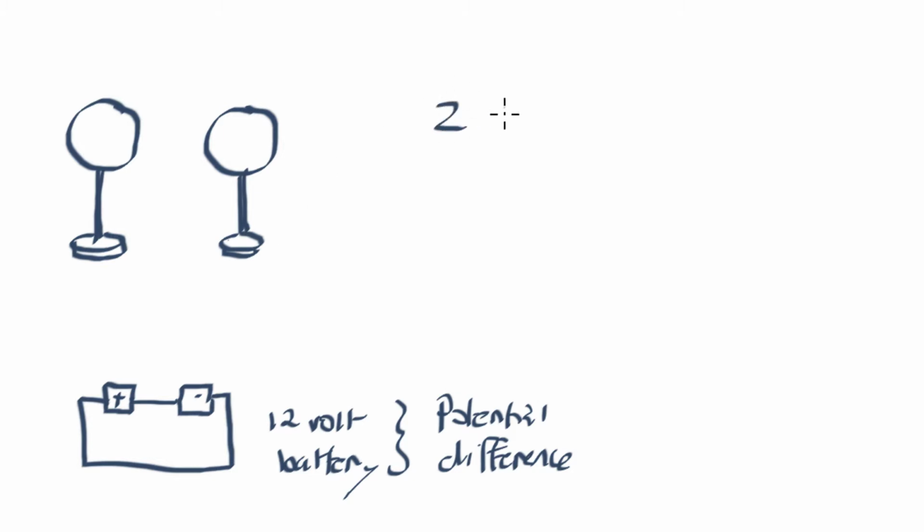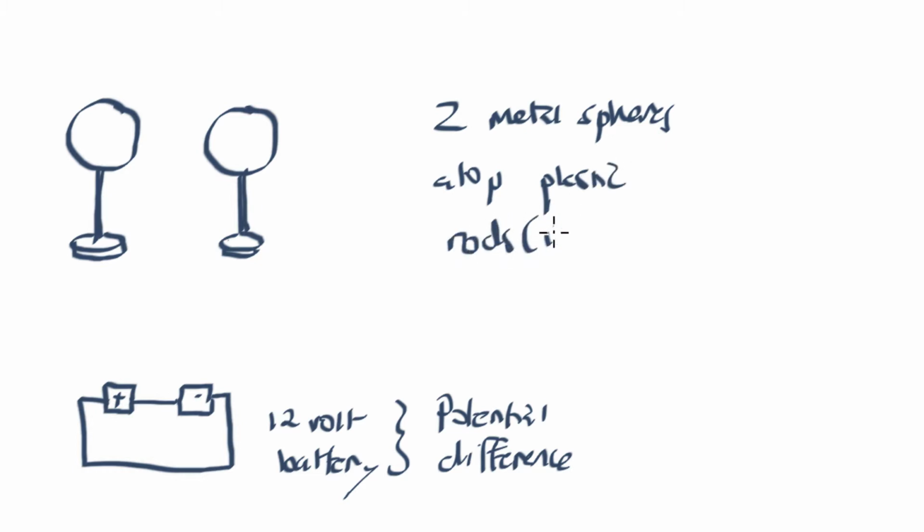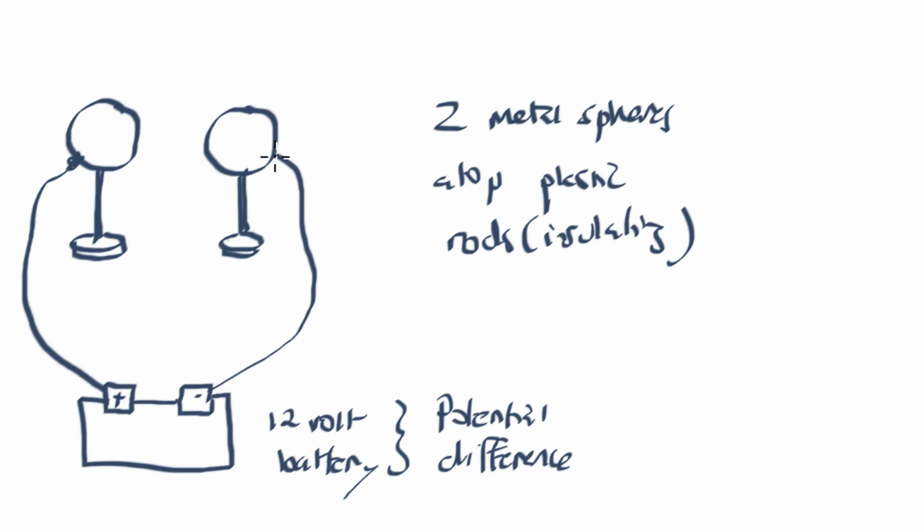So these are two metal spheres atop, let's say, plastic rods, which of course are insulating. And let's suppose you hook up one of these to the positive terminal of the battery. You make a connection right here, and the other one you hook up to the negative terminal of the battery.